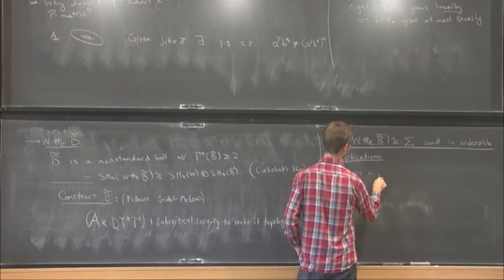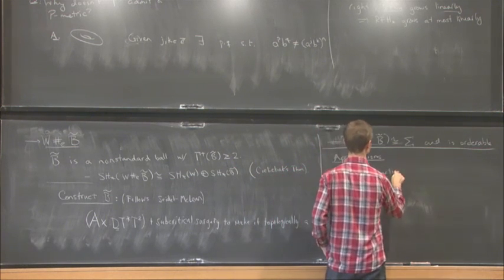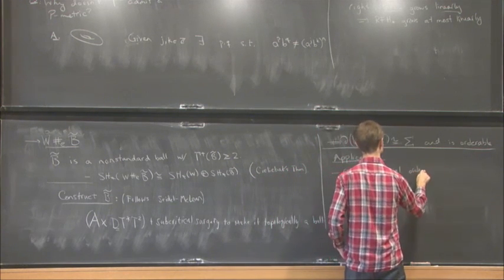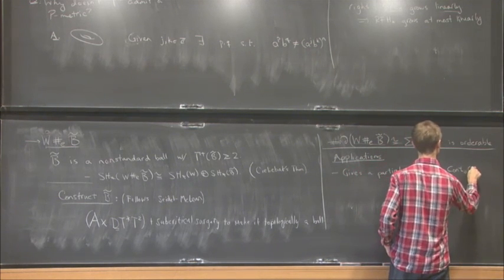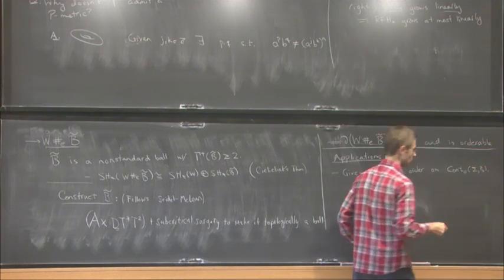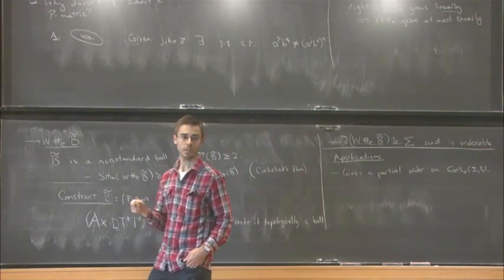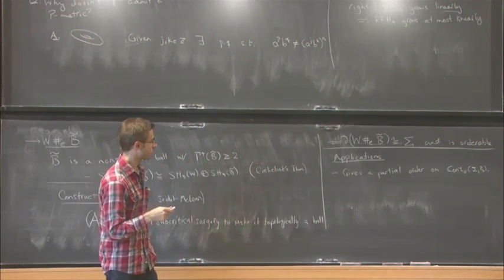it gives a partial order on Cont 0. So you don't have to lift it to the universal cover to get the partial order.